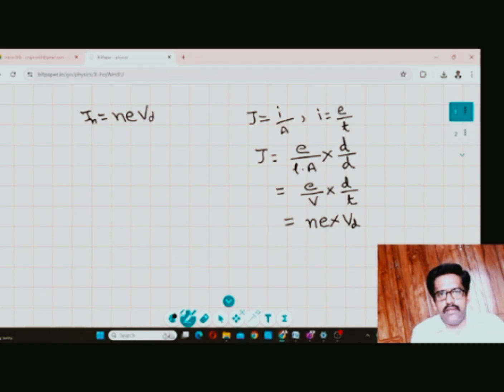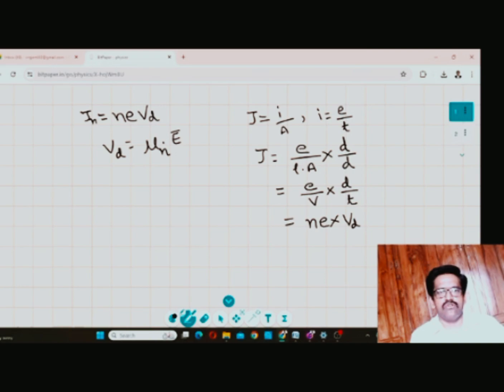is equal to N e Vd, where N is the concentration of the charged particles per volume, e is the electron charge, and Vd is the drift velocity. But we know that the drift velocity Vd is equal to mobility into electric field, where mu n is the mobility of electrons for an n-type semiconductor.